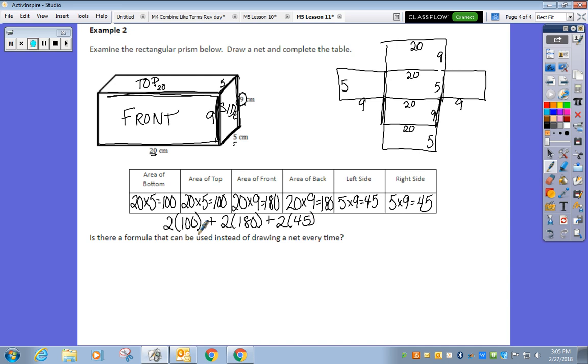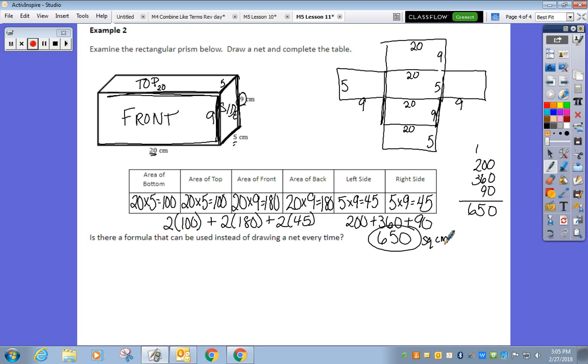Okay, so I would get 200 plus 360 plus 90, add them all together, and get 650. And it's square centimeters.